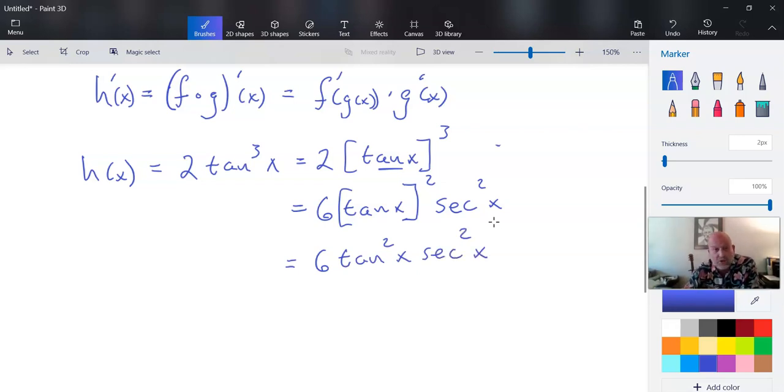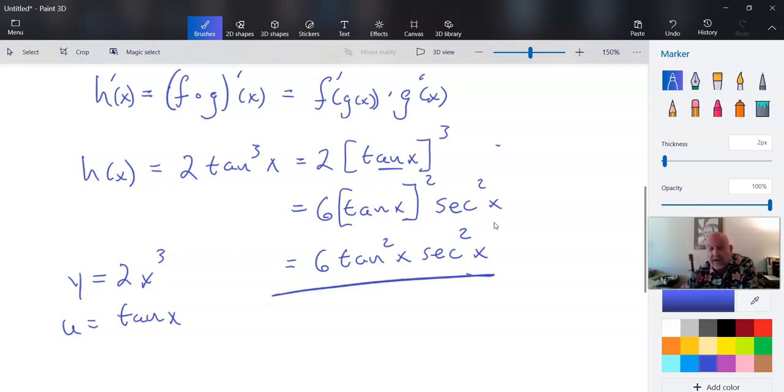Now, I do want to point out that this is the same as the last problem we did, where y was equal to 2x to the third and u was equal to tangent x. It's the same setup basically, and that's why we got the same answer when we worked it out.